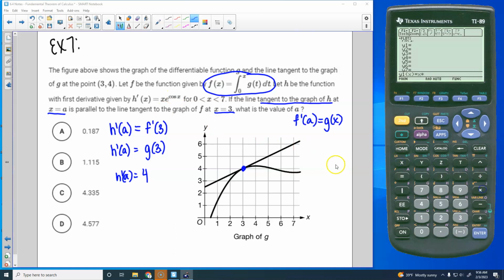So x times e to the cosine x. And then I'm plugging in 4 right here. And I'm going to go to my window and make this from 0 to 7 because it tells us that's the interval we're looking on. And I'm going to graph it and see what happens.